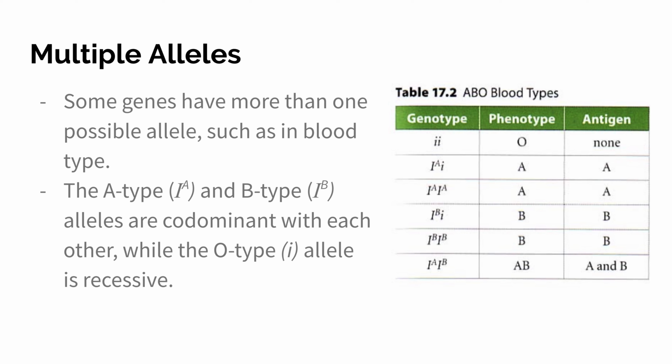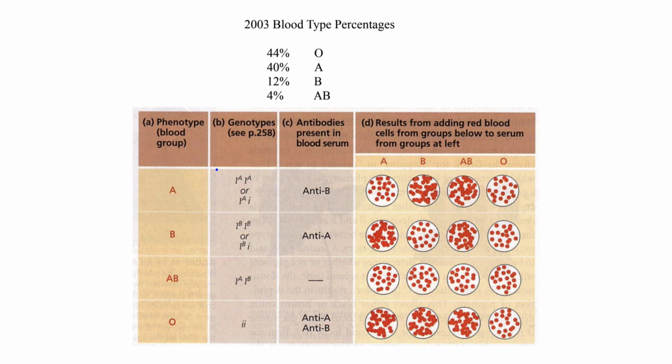And then for A type and B type, you can either be homozygous dominant for the A and B respectively, or you can be a heterozygote between the A and the O, or between the B and the O. So there's actually two ways to get the A and O type blood. So that ends up giving us those different phenotypes.